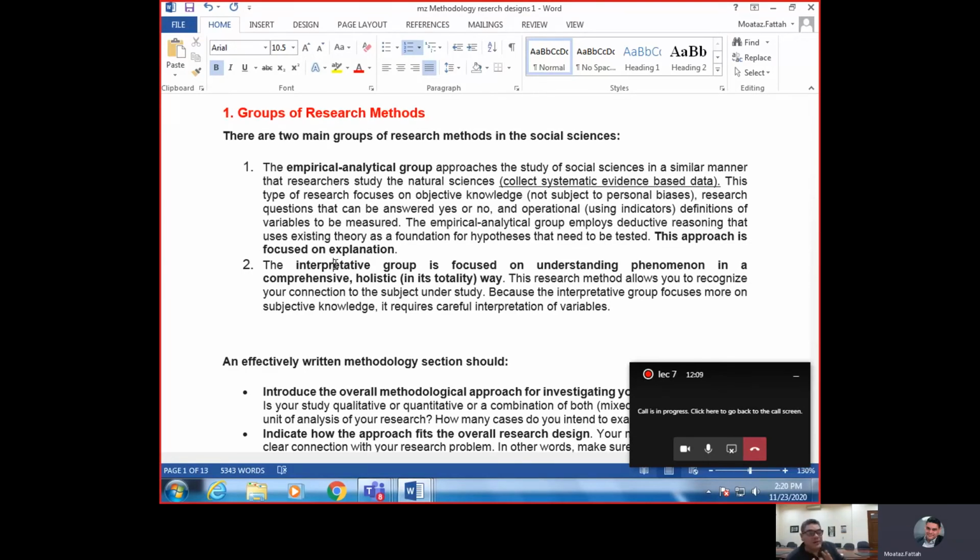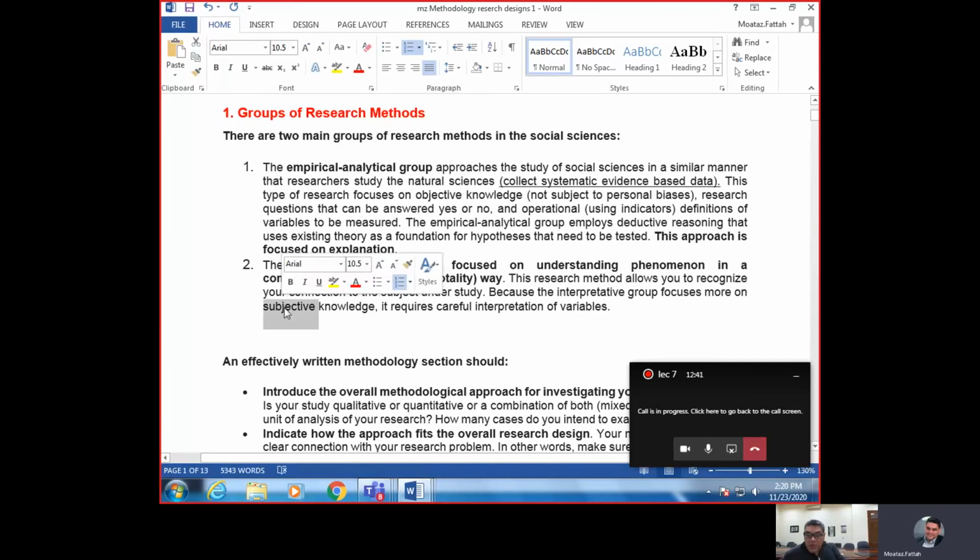So I do not expect two people in the interpretive group of approaches to end up with similar or even close results. Each one of them can give us different insights. Not necessarily one is right and one is wrong, but they perceived it from a different point of view. And these two different points of view can help me understand what this phenomenon really is.